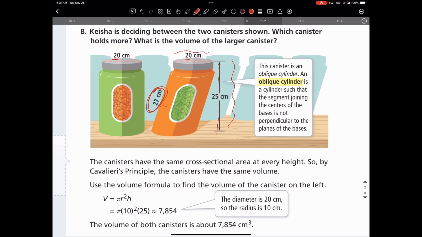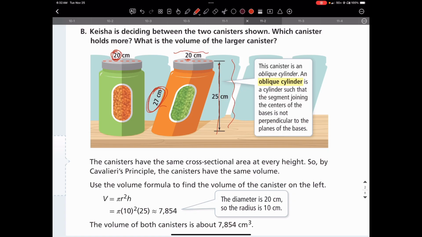All right. So the canisters have the same cross-sectional area at every height. So by Cavalieri's principle, the canisters have the same volume. Use the volume formula to find the volume of the canister on the left. Volume equals pi radius squared, remember that's your base, times your height. Now, don't get mixed up. They give it to you in 20 centimeters.